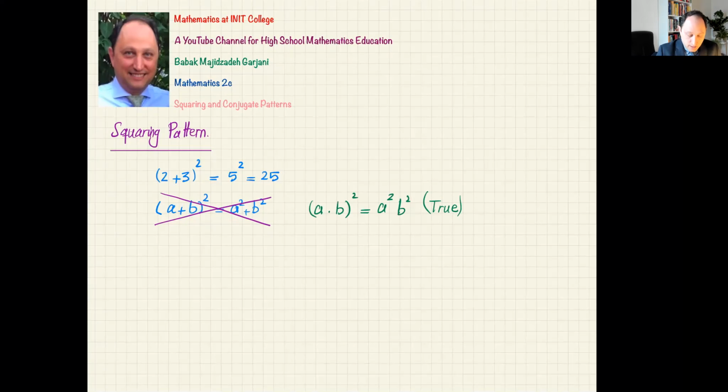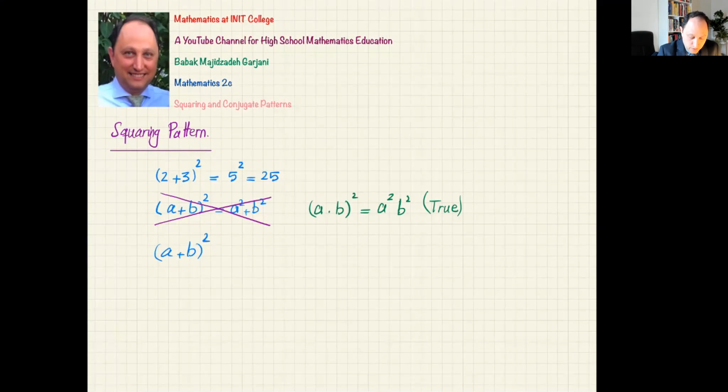And if I ask you here, remove the pair of brackets, you don't have any problems, because you add 2 and 3, it becomes 5, and then you raise it to power 2, it becomes 25. If I ask you the same question for this pattern, remove the pair of brackets here, of course, the answer is not this.